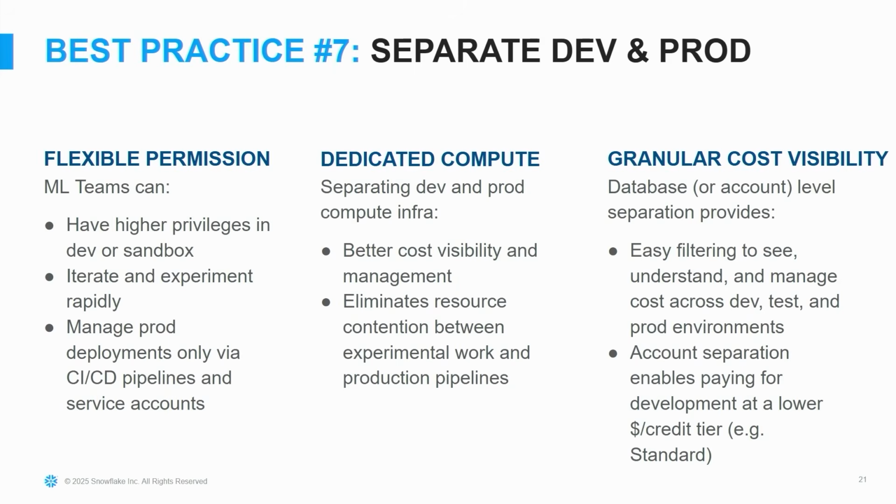So that dev and prod separation gives you this flexible permissioning, gives you dedicated compute to both isolate workloads and also manage the cost of those different compute resources, and really granular cost visibility. If you're trying to figure out how much am I spending on data science development today? Well, if you have dedicated compute resources for those data science developer roles and personas, there's a ton of data in the information schema views and the cost monitoring dashboards that allow you to see exactly what I'm spending for data science development.